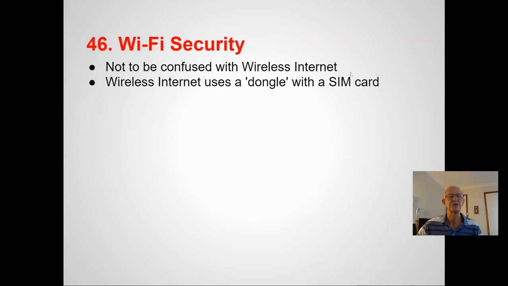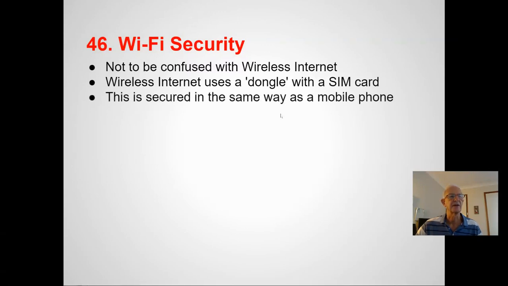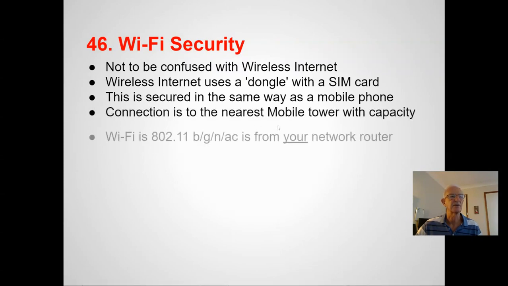So it's usually only people who are travelling or who are on the outskirts of Sydney where the NBN network doesn't go far enough that would be on a wireless internet connection. Wireless internet uses a dongle with a SIM card. Remember, a SIM card is what's in your phone, and it connects to the phone microwave tower. So this is secured in the same way as a mobile phone. Connection is to the nearest mobile tower.